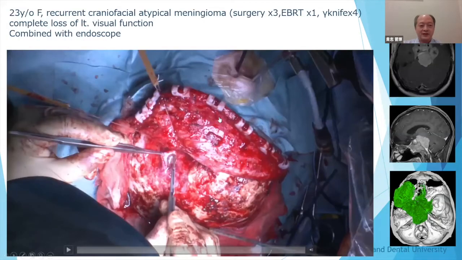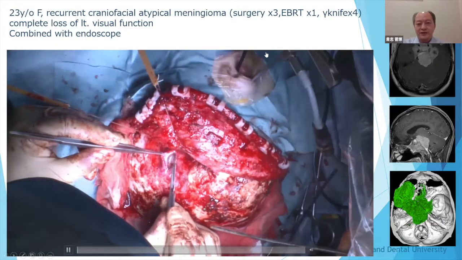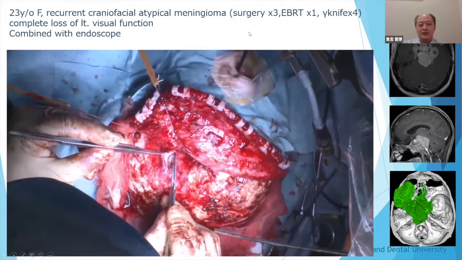And in this case, a recurrent craniofacial atypical meningioma, she underwent 4 surgeries, 4 gamma knife treatments and 1 EBRT, and she has a complete loss of left visual function.